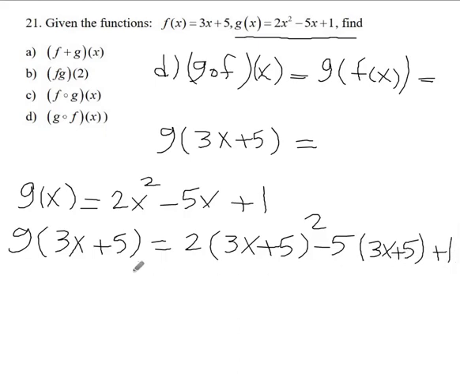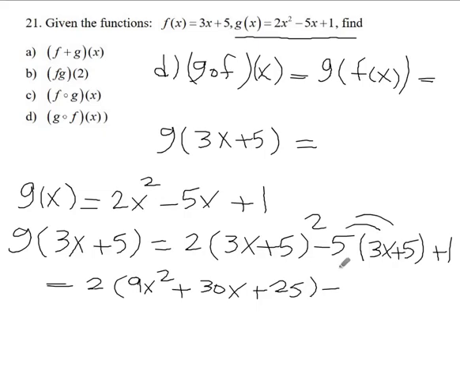So I need to expand this now. Here I take the first term squared, I get 9x squared. 2ab would be 2 times 3 times 5, that would be 30, plus 30x plus 25, and then I'm going to distribute. This would be minus 15x minus 25 plus 1.